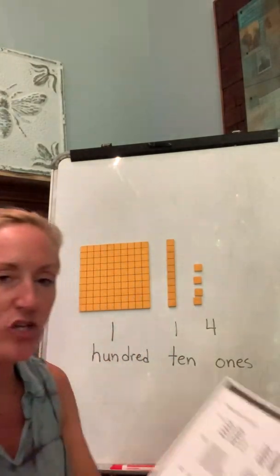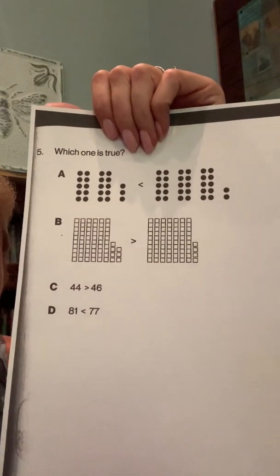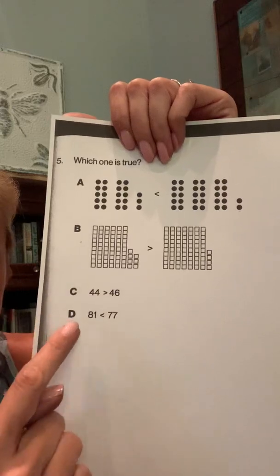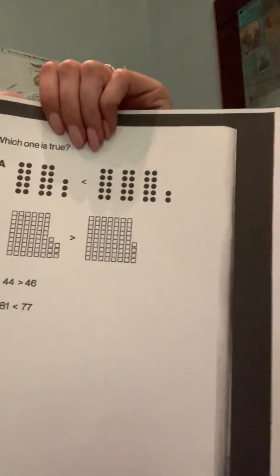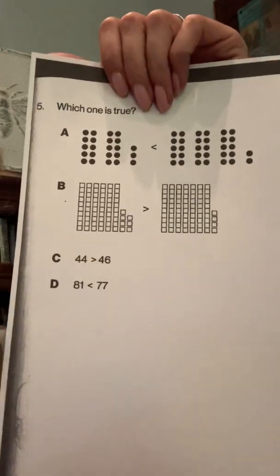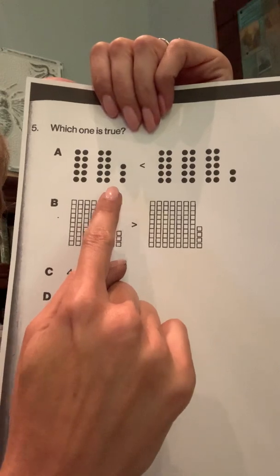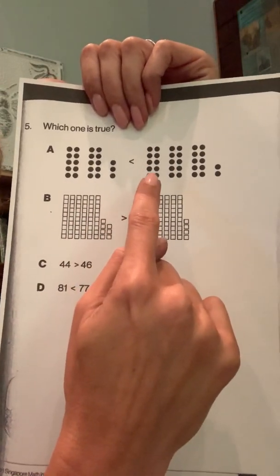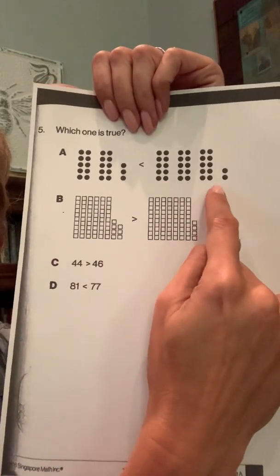All right, last page. It says, which one is true? And we practice this in small group. So you'd have to pick either A, B, C, or D. Which one of those is true? Okay, well, this first one, A, has 2 groups of 10 and 3 ones. So that's 23. This one has 3 groups of 10 and 2 ones, 32.